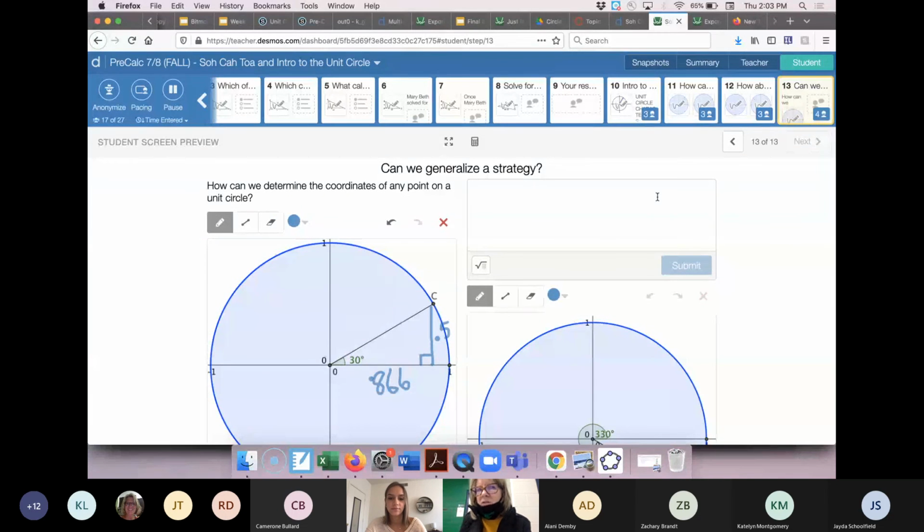Hopefully we're starting to have at least an emerging strategy. It doesn't have to be polished, but the idea is that right triangles are completely related to circles. Triangles help you find coordinates of points on circles. That was our number one goal.